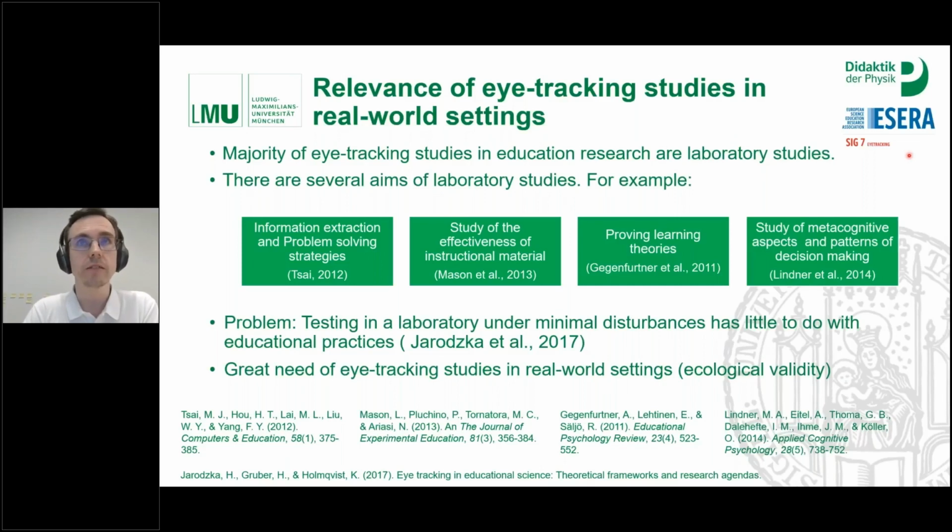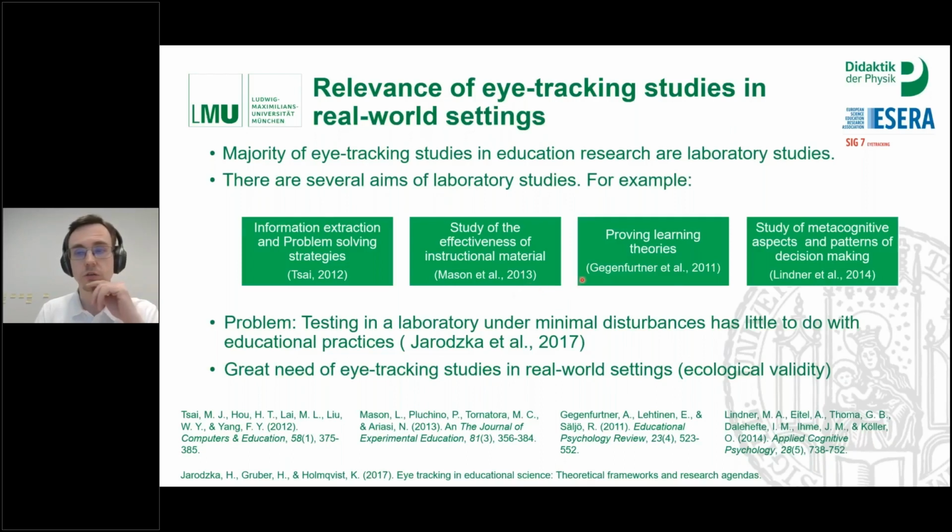And you get some gains from it, of course. These are the aims which have been mentioned previously in a review. You can learn about information extraction and problem solving strategies. You can also evaluate your material and see how effective it actually is, apart from only performance scores.